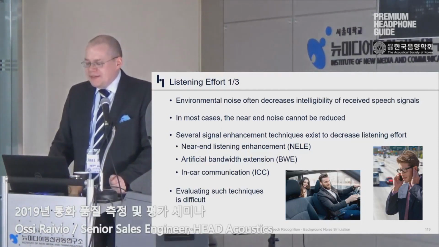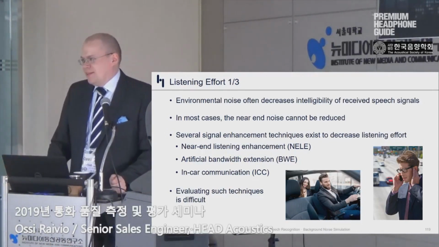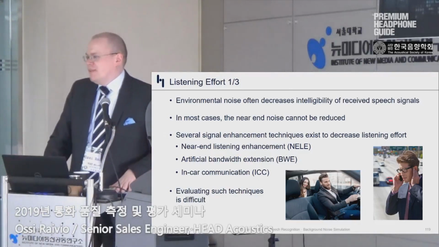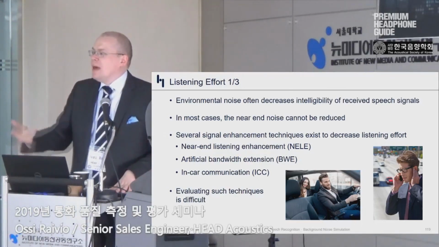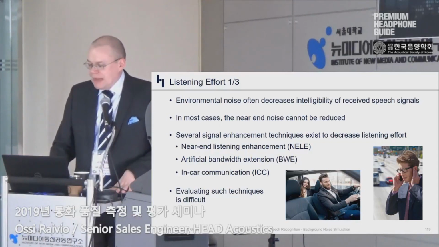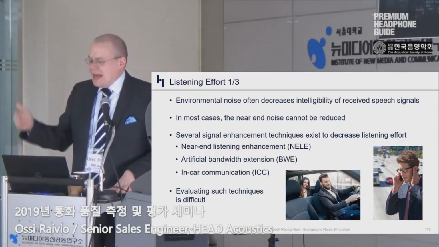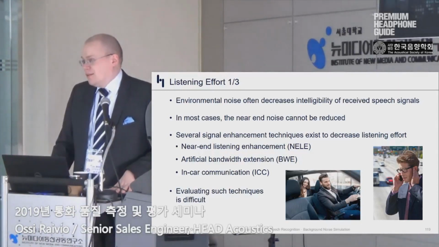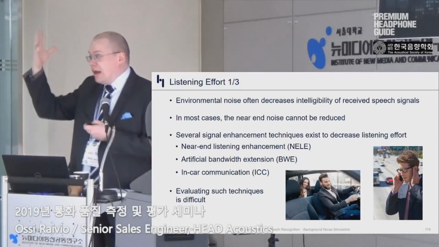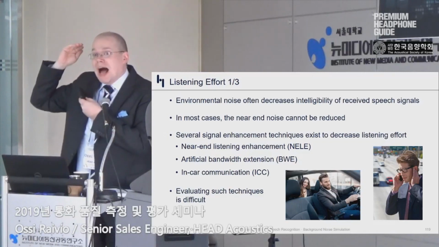There is this one technique called artificial bandwidth extension. You have a narrow band signal and you fake a wideband signal out of it, trying to make it easier to understand, to increase the intelligibility. And there is what you can call near-end listening enhancement. Simple way is, if it's a very loud room, the phone simply becomes louder.